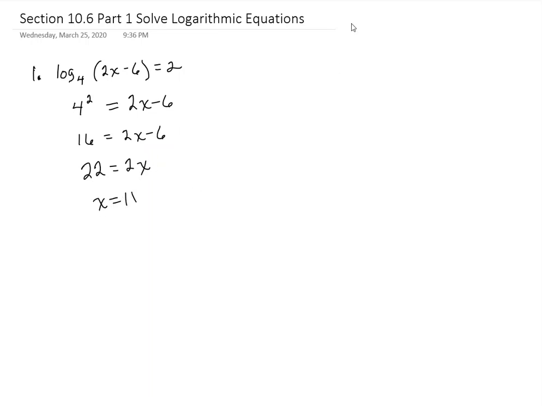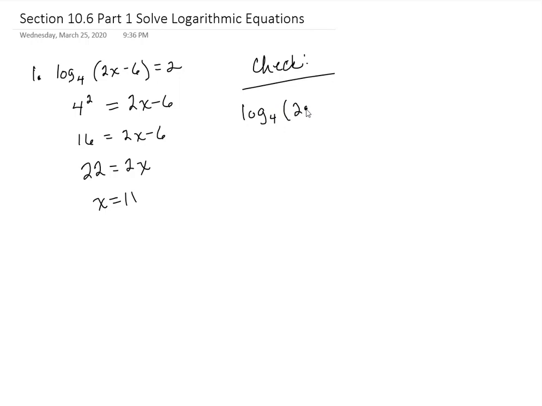One of the things that's different about the problems in this section compared to the last section is that we have to check our answers. Not all of the answers in this section are actually going to work. So I go back and put 11 in place of x in my original problem up here.